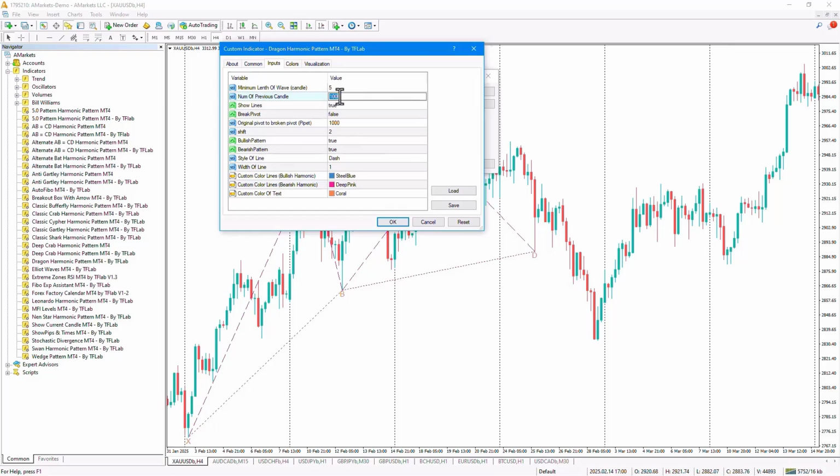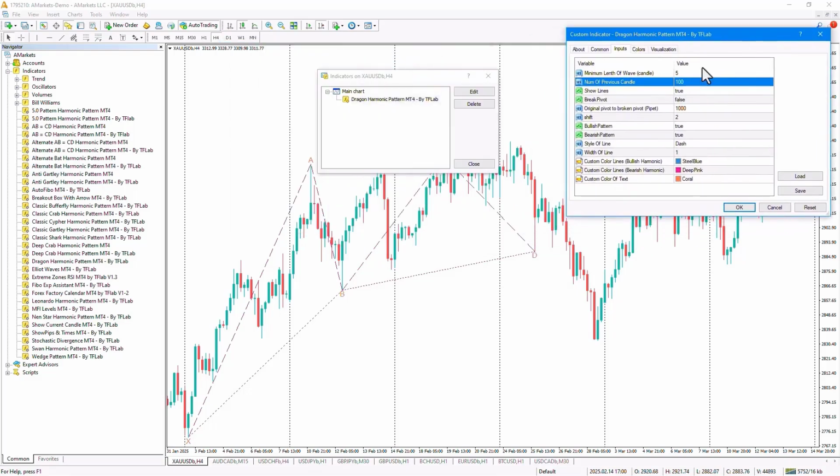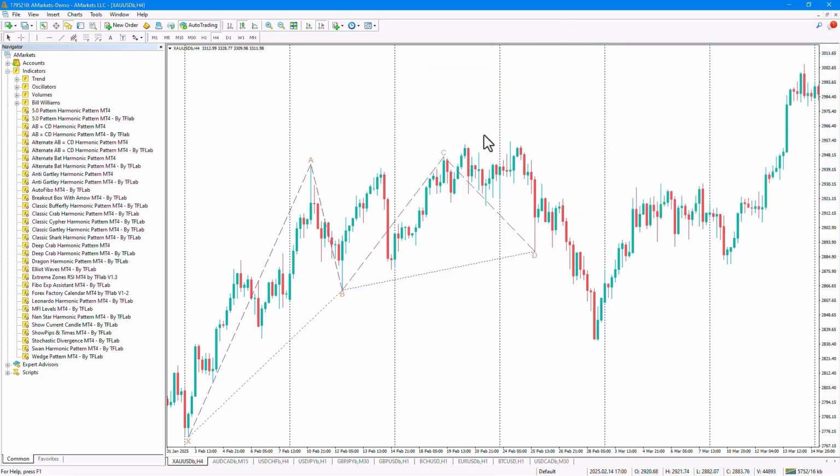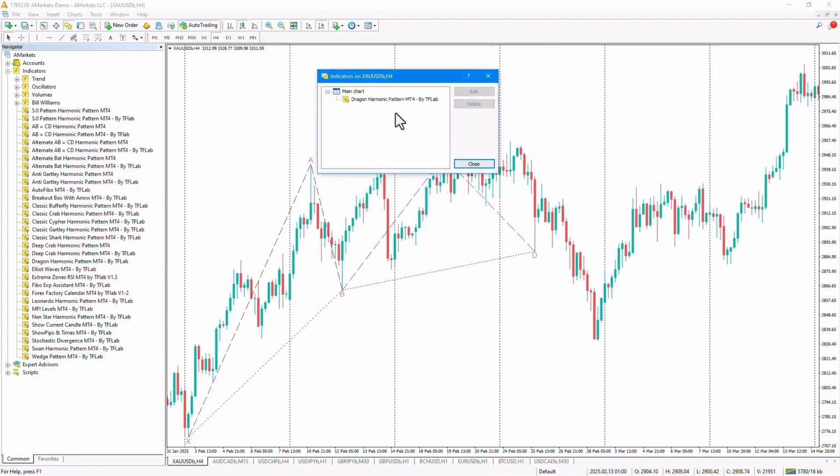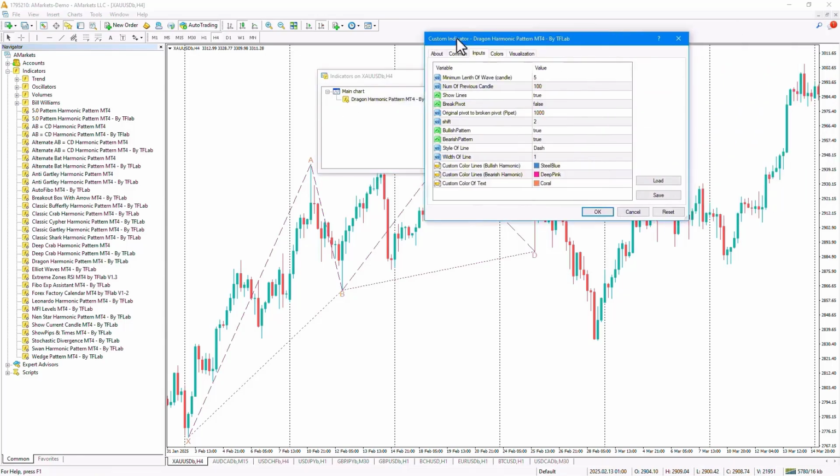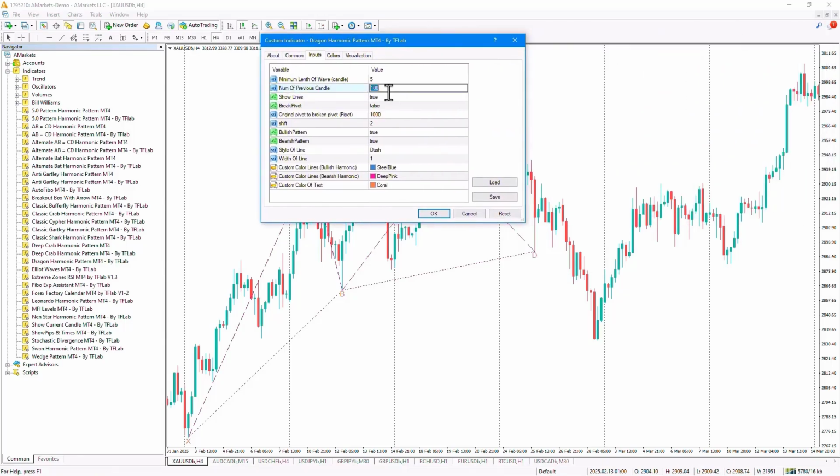For example, if we have placed 100 candles here in MetaTrader 4, it goes back 100 candles from point D and looks for identifying the Fibonacci ratio to display point C. However, in MetaTrader 5, if I set this option to the number 10, it goes back 10 pivots and looks for identifying point C and the other Fibonacci ratios.